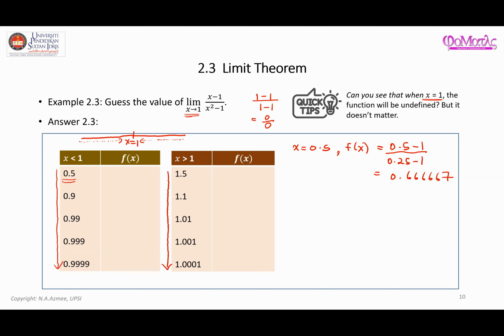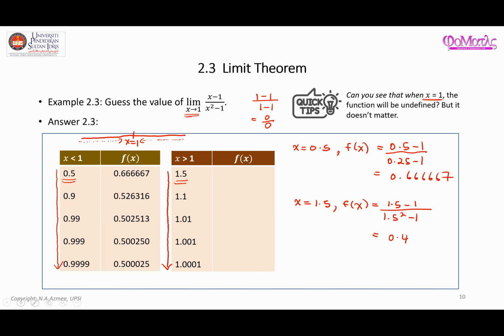Now if you consider x equals 1.5, therefore my f(x) is going to be equal to 1.5 minus 1 over 1.5 squared minus 1, and the result is going to be equal to 0.4. So you can go on and complete the whole table, and the results that you will get are given as such.